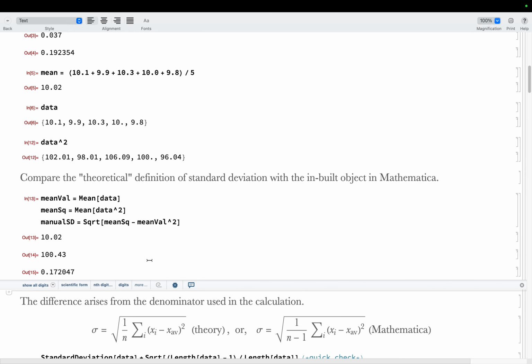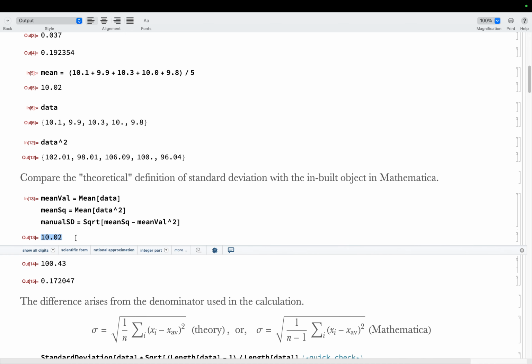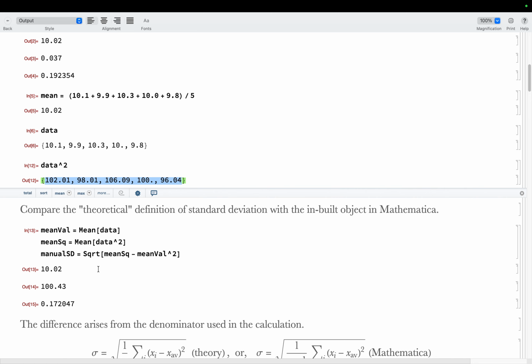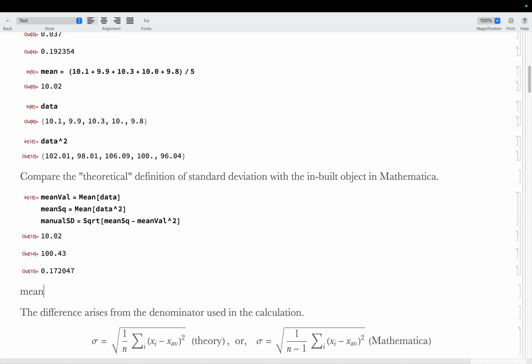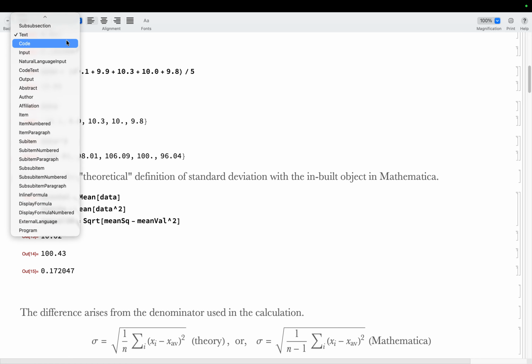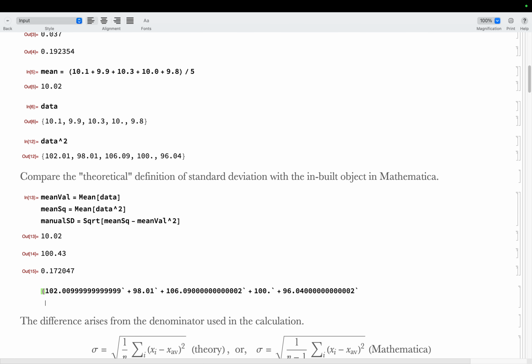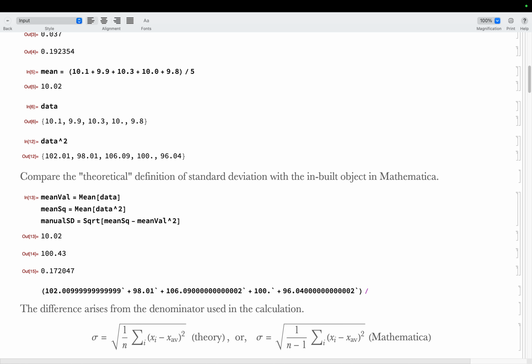So you see that this is 10.02 as already obtained, and then you can calculate the mean of data square by just putting in these numbers, plus, plus, and divided by, we have a 5 data set, so divide by 5.